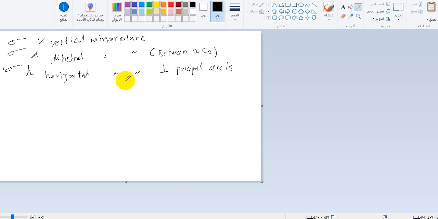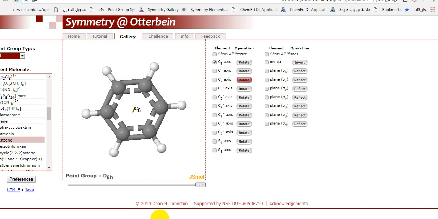Okay, look at this example. Benzene. We have 3 sigma v here, and 3 sigma d, and 1 sigma h. This is the last one, sigma v.